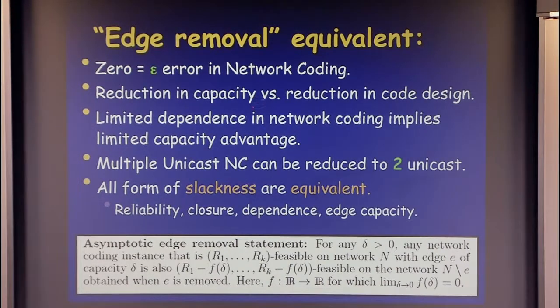This notion of capacity reduction versus code reduction says that if you have a slight slackness in this notion of closure, it also really doesn't matter. So it could be, and this is sort of work in progress, and we want to define this rigorously, but it could be that all these forms of slackness are actually equivalent, and this statement came to life by studying this edge removal problem. So just a few minutes later.